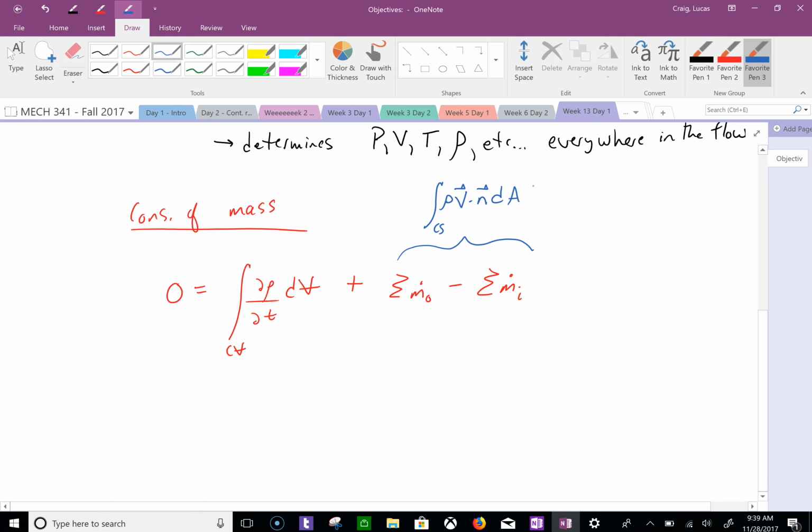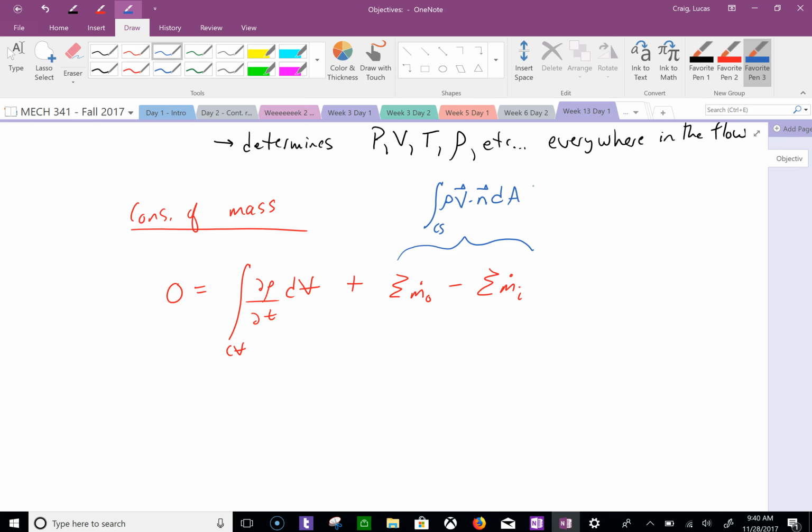So I brought everything to the other side. If you think about this, what is rho times V? It's mass, yeah, and then divide by time, you get mass flow rate, right? So basically, this is your mass flow rate.